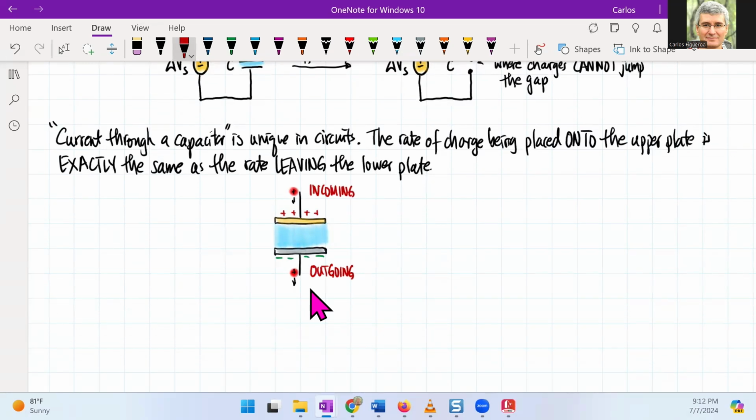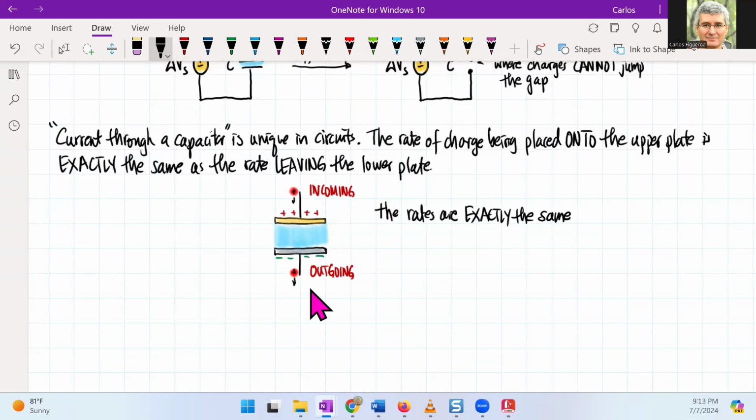When we talk about current, that means the rates are exactly the same.